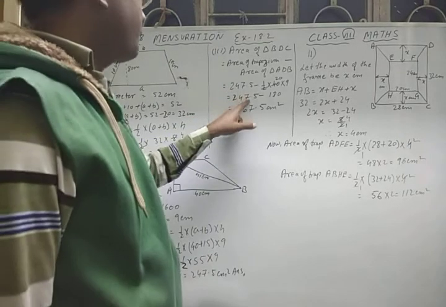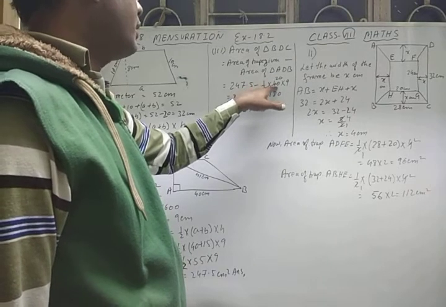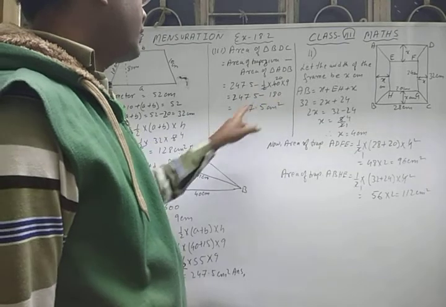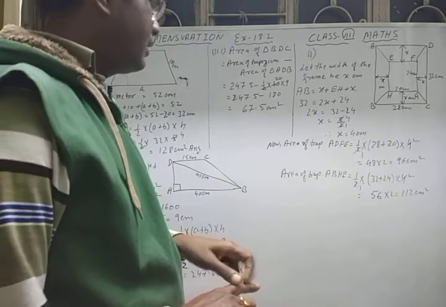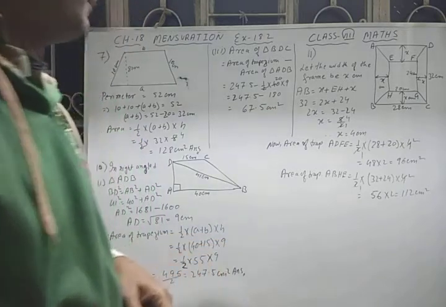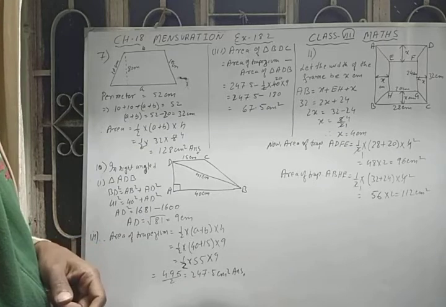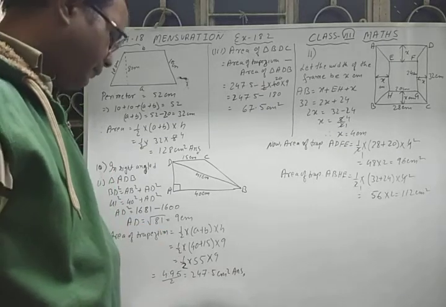So 247.5 minus, when you calculate it, half into 40 into 9, that is 180. When you subtract them, you will get 67.5 centimeter square. So now you have got the third answer, that is the area of the triangle BDC or BCD.